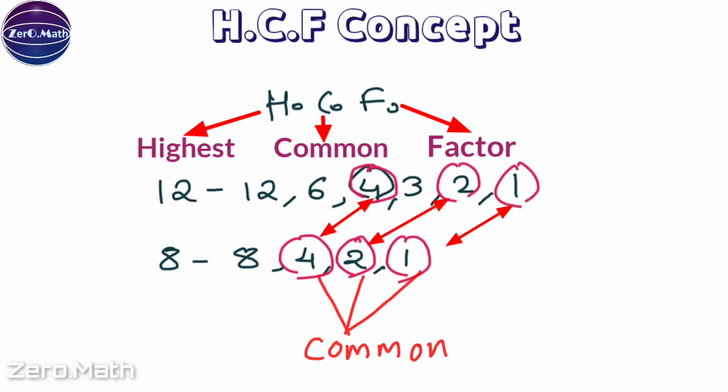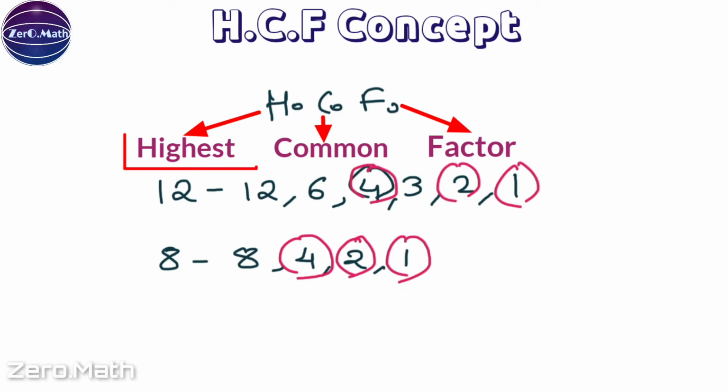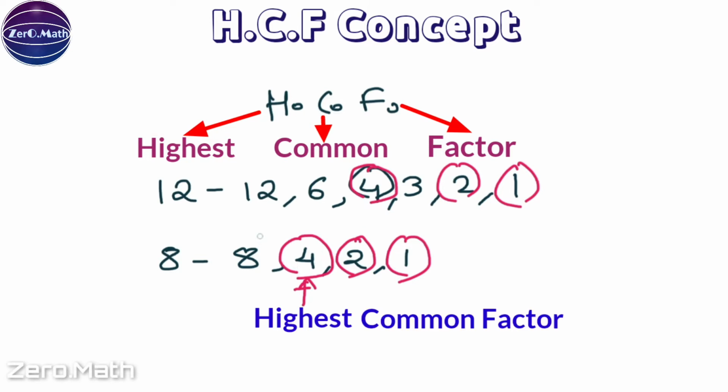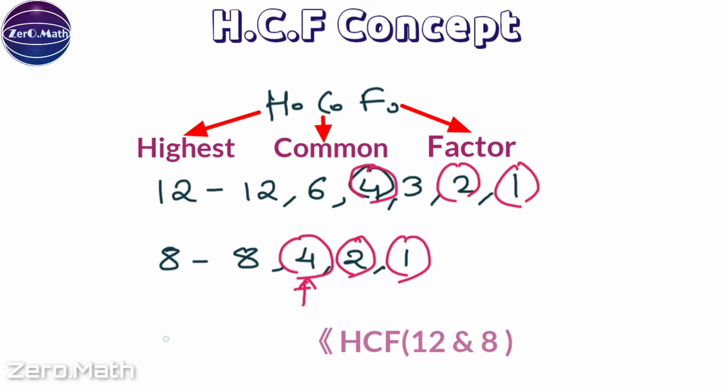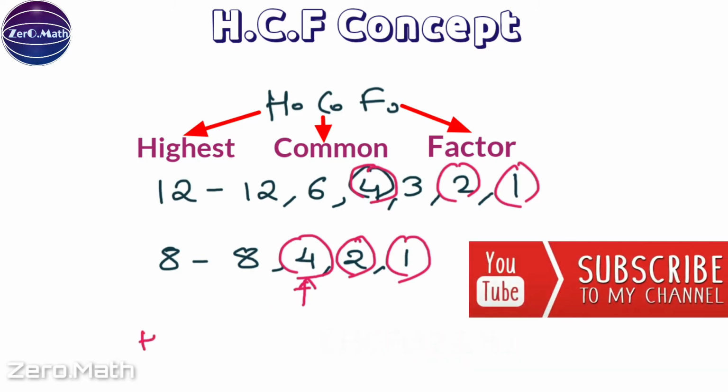Now look at the next word, which is highest. So out of these common factors, which is the highest number? Obviously it is 4. 4 is the highest common factor, which means the HCF of 12 and 8 is 4.